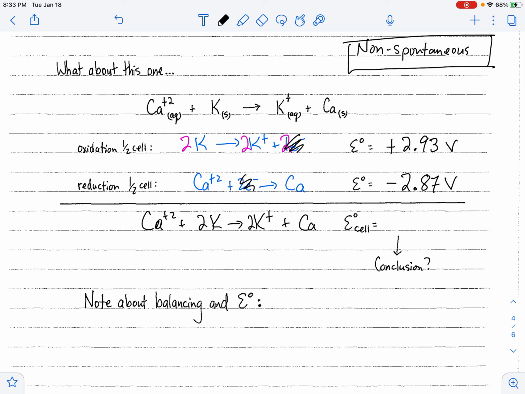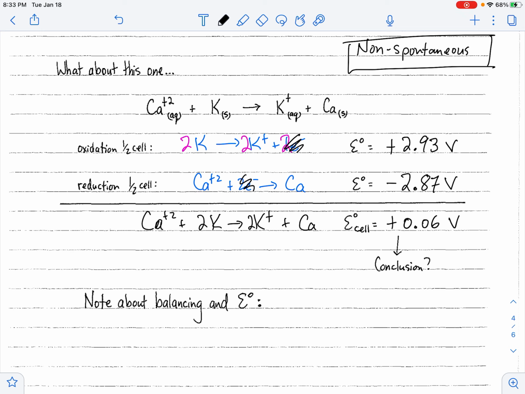So then we've already done the balanced overall equation, so we add those two together. Now it's not a big number. We're not talking about it bubbling and fizzing and going like a bat out of hell. But what we do note here is that it's still positive under standard conditions. The calcium really didn't want to reduce.